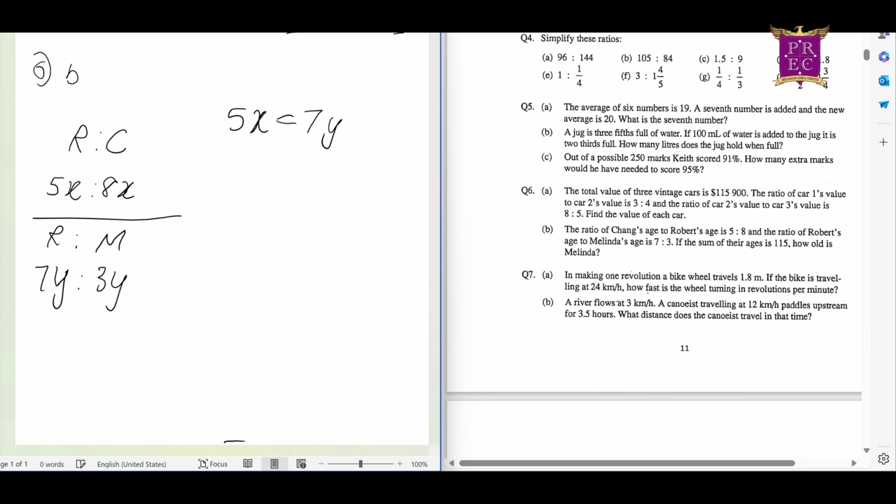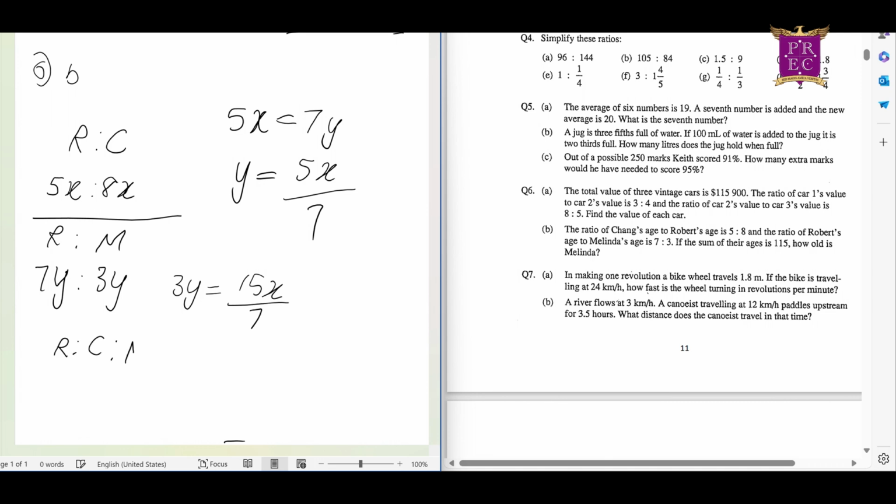So we can find out what x is or what y is. We'll do y in this case. Oh, x is better. Y is equal to 5x on 7. Alrighty. Since we know that y is 5x on 7, we know that this will be 15x on 7.